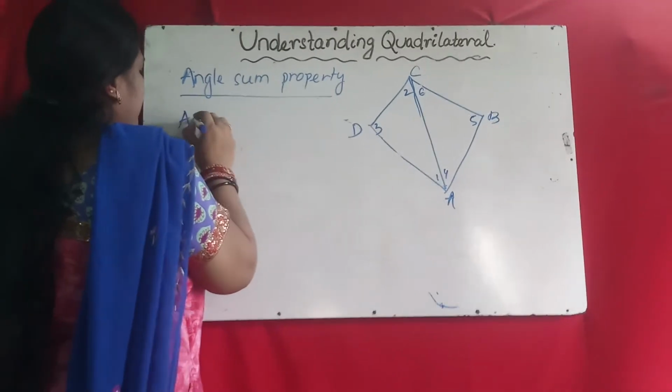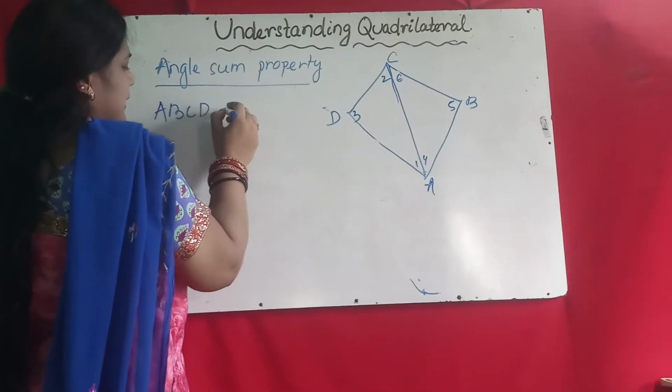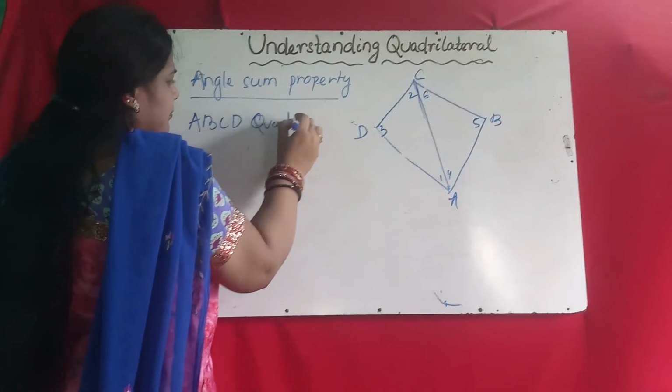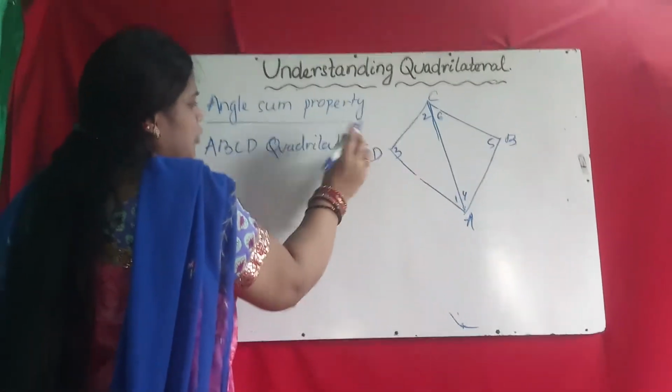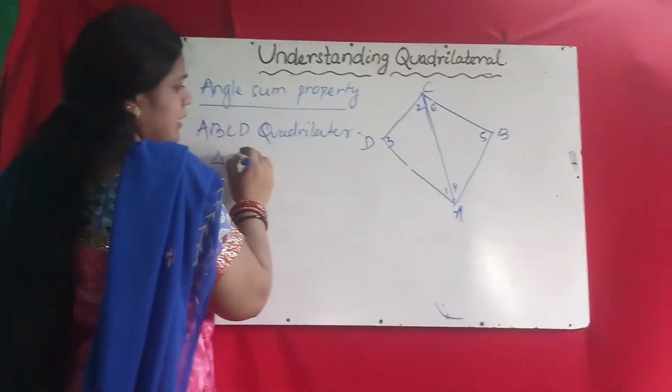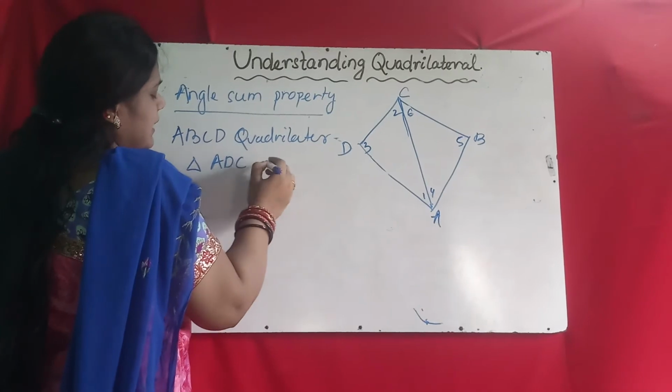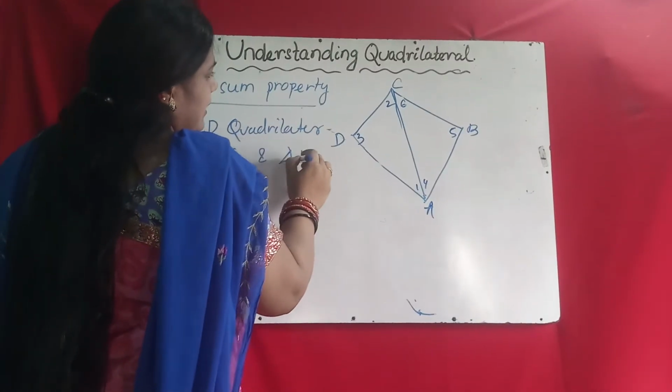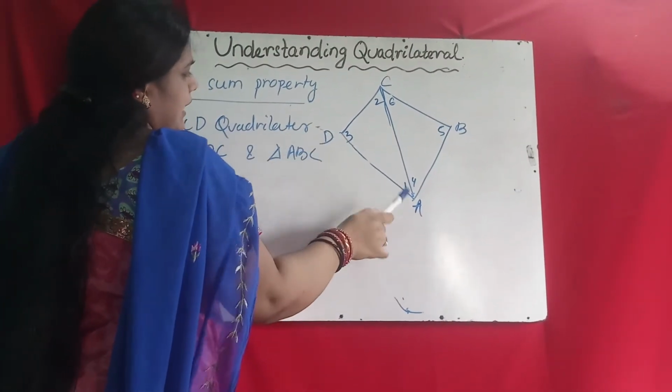So the quadrilateral ABCD is divided into two triangles, one triangle ADC and another triangle ABC.